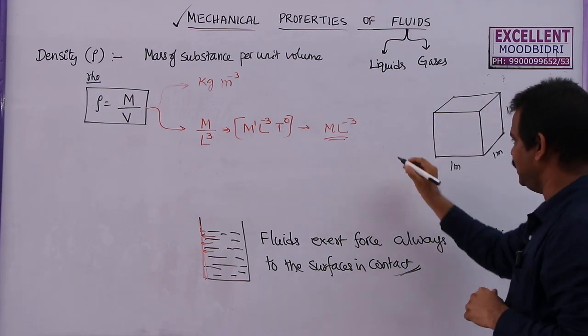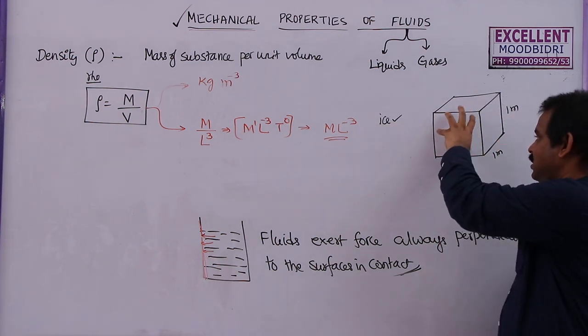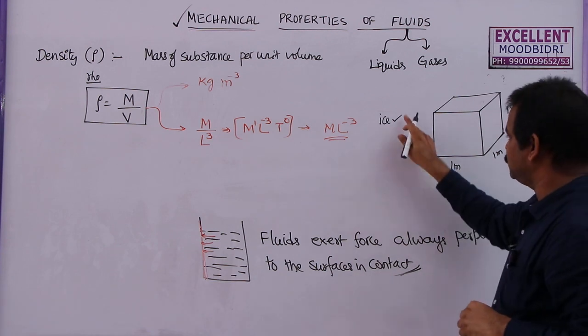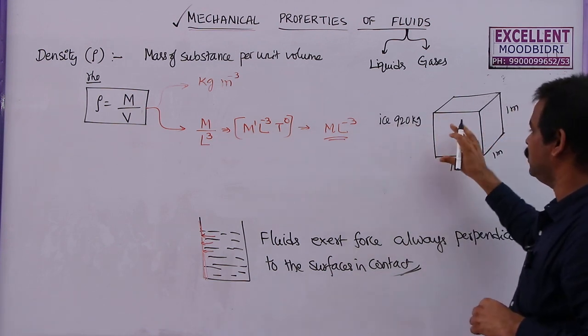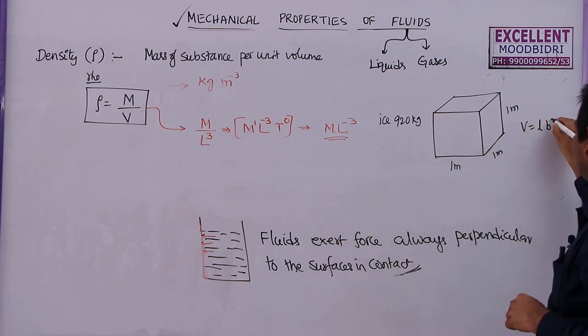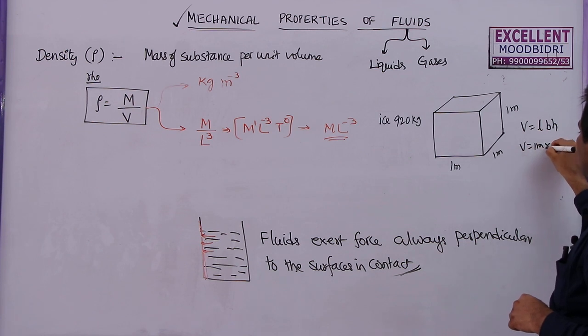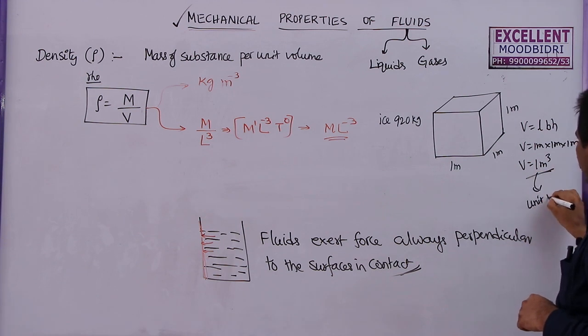Suppose you fill the entire tank with ice, it is found that 920 kgs of ice can be filled in this 1 meter cube volume. Why? Because volume is length into breadth into height, 1 meter into 1 meter into 1 meter, so volume is 1 meter cube. This we call unit volume.